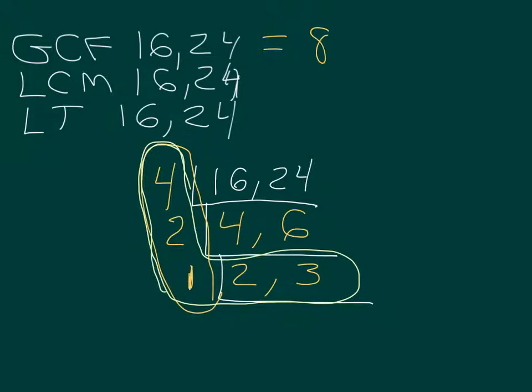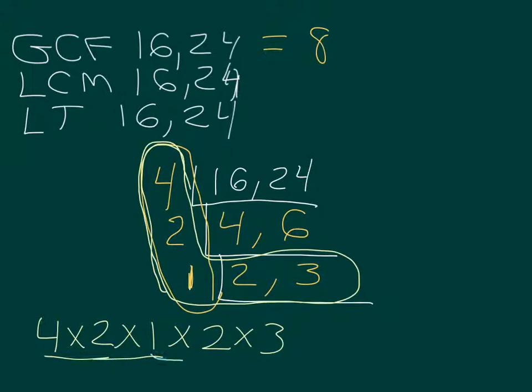So it's 4 times 2 times 1 times 2 times 3. So 4 times 2 is 8, times 1 is 8, times 2 is 16, and then 16 times 3 is 48. So the LCM of 16 and 24 is 48.